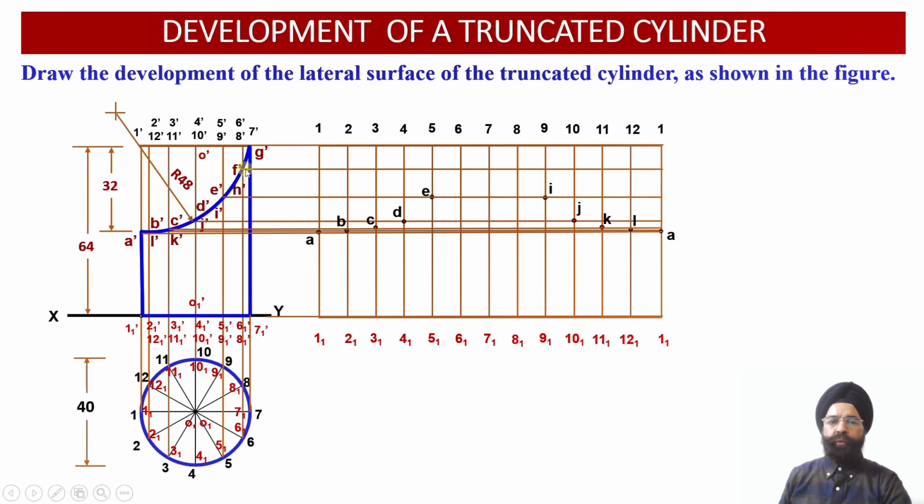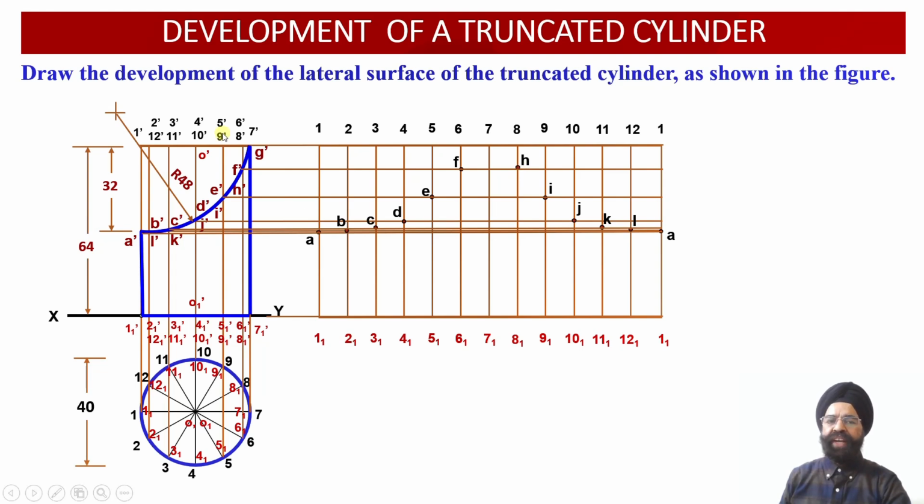Once we draw the horizontal projector line through the points F dash and H dash into the lateral surface view, it is going to intersect with the vertical generator 6 6 1 and the vertical generator 8 8 1 over here. So the 2 points F and H, we will be able to appropriately locate in the lateral surface development view.